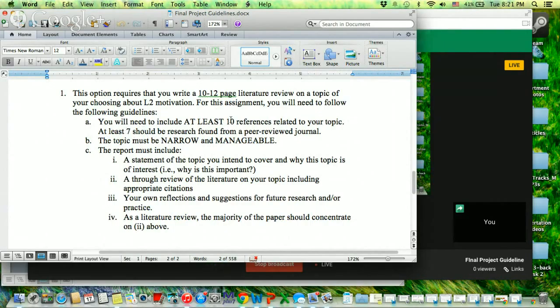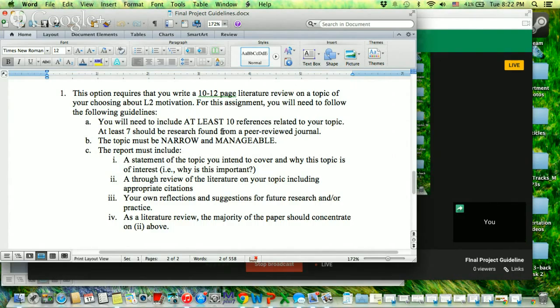I know this is something that people get to 10 and they'll just stop looking. I really suggest don't be lazy on this, because the more you have, the easier this will end up being to write. At least 7 should be research from a peer-reviewed journal.